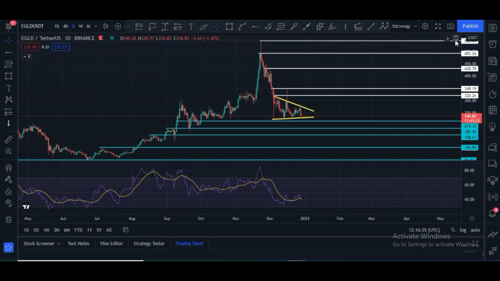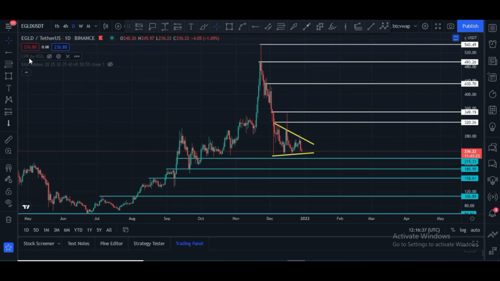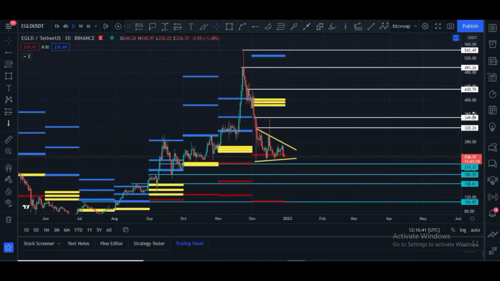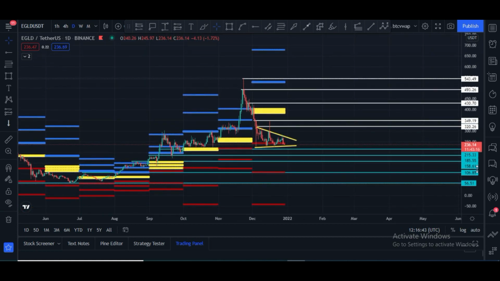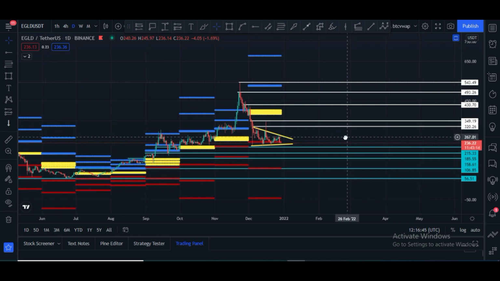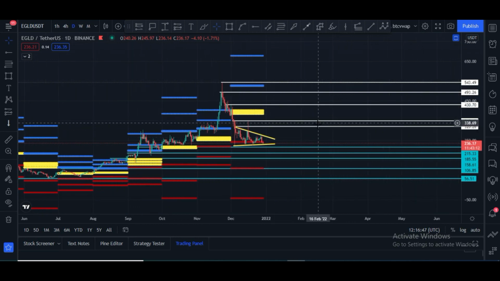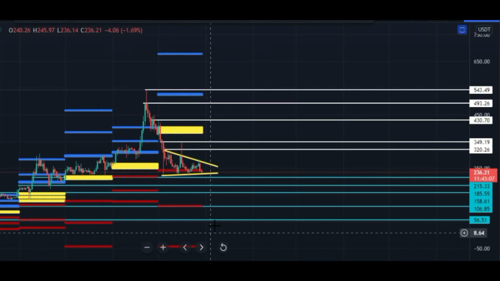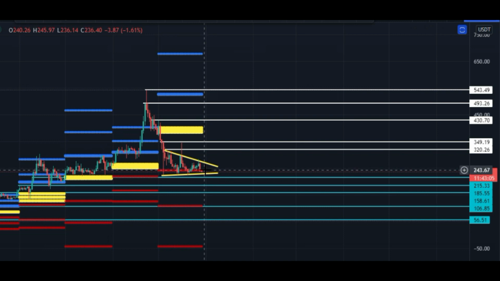And let me show you the CPR indicator. The main CPR indicator is showing us these values. These yellow lines are the main CPR lines, and these red lines are bearish targets. Candles are holding this bearish target 1, and the next bearish target is at the $110 price zone.